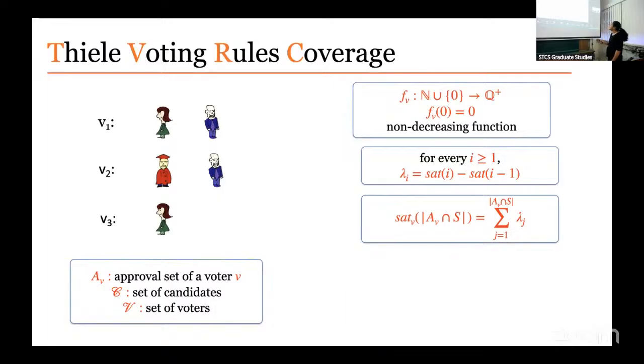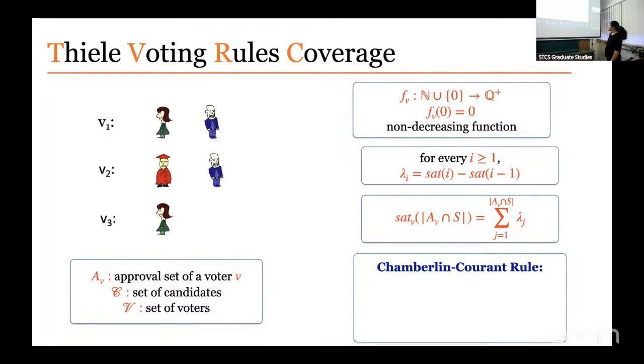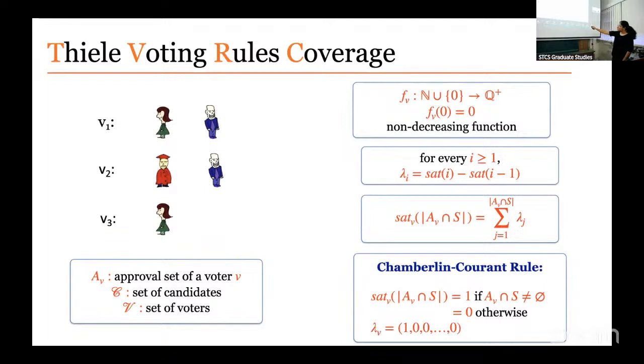So this Chamberlin Courant is again the same thing. I think we remember these details, right? Note that lambda for the Chamberlin Courant is 1 followed by all zeros, right? Because what did we say? After 1, the coverage remains the same.